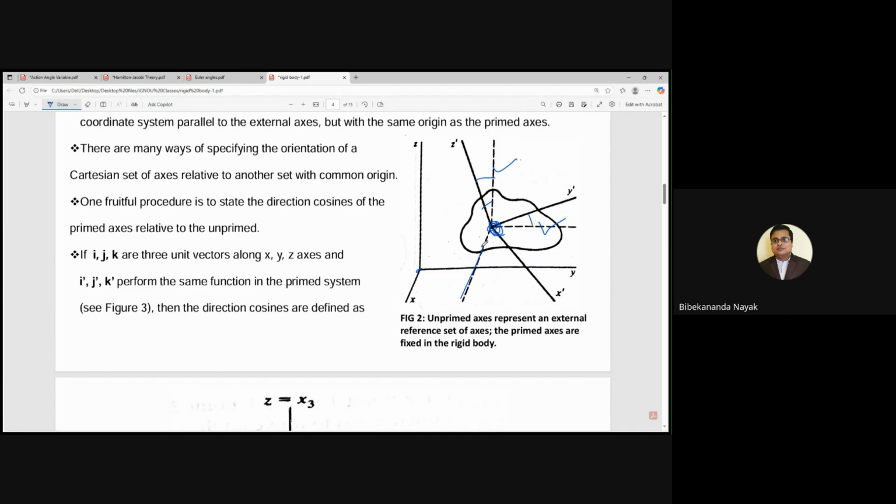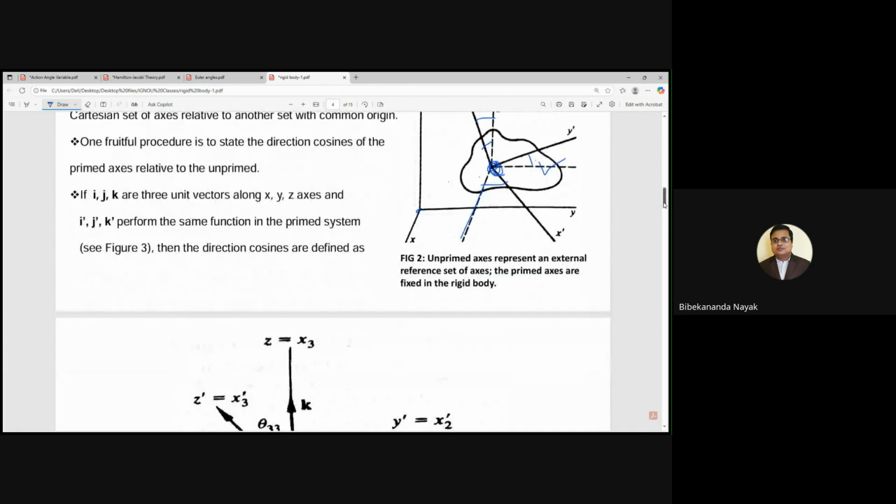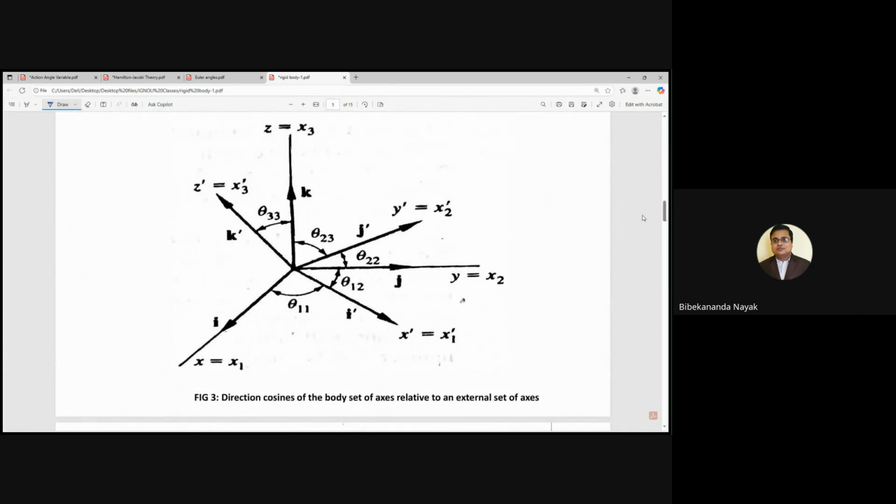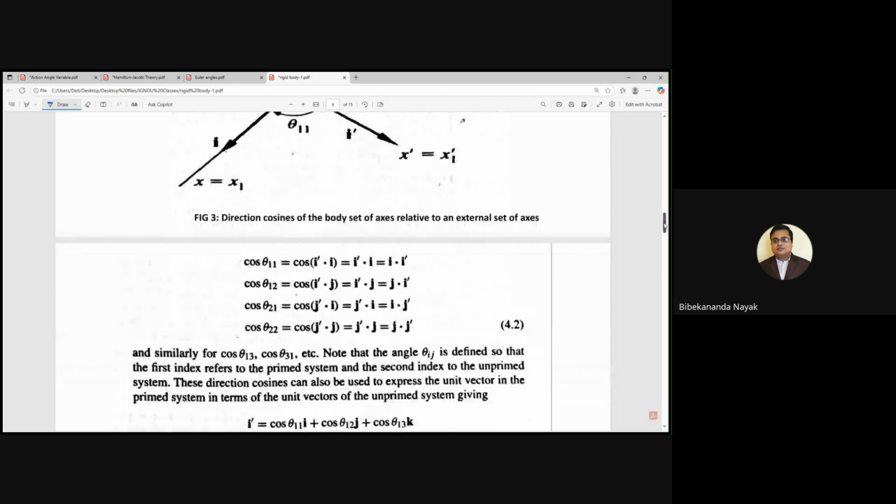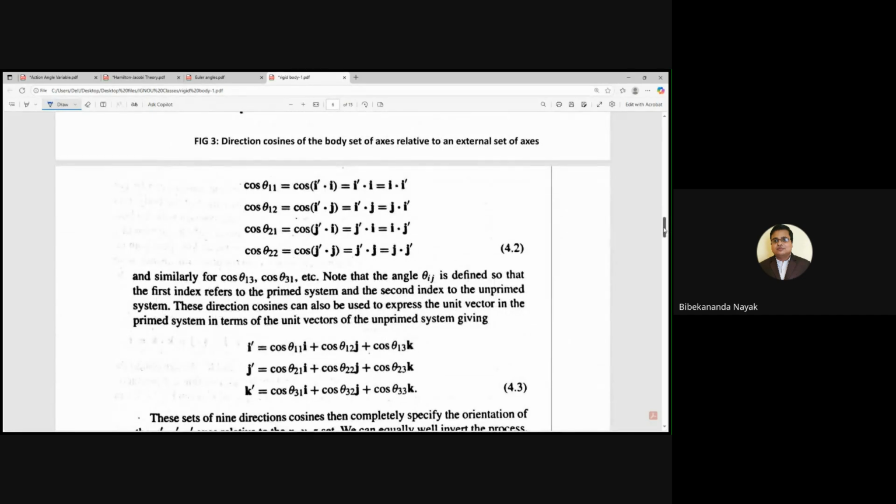What is the angle of rotation of the body set of axes? We can find it in terms of direction cosines. So you know the angle between these two, primed and unprimed system. Cos theta 1 is the cosine of the angle between primed and unprimed, first one primed, second one unprimed. Index i is 1 for the first coordinate x, 2 for y, 3 for z.